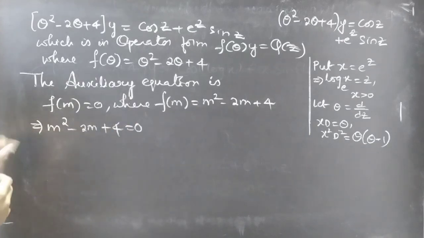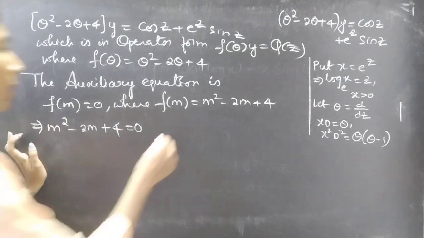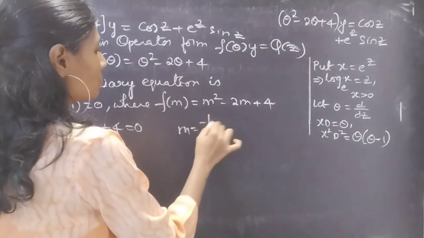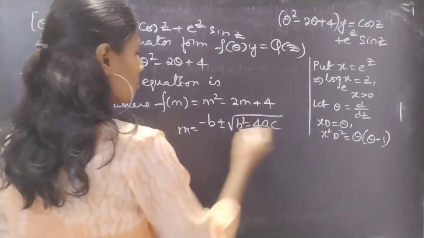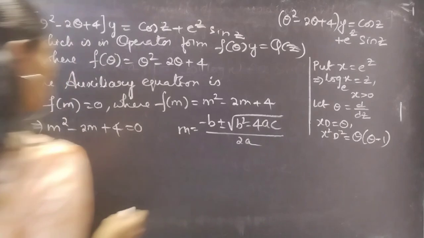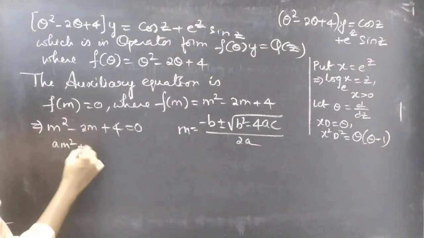Now we need to find the roots of this equation. We'll find roots using the quadratic formula, m equal to −b plus or minus square root of b² − 4ac, by 2a. Now just compare this equation with the quadratic equation in m.